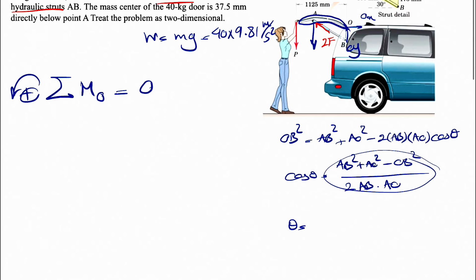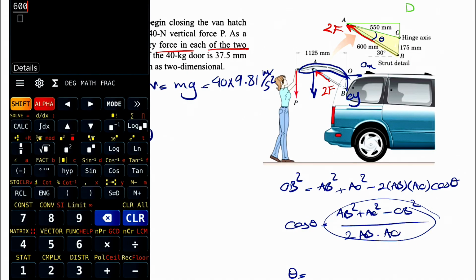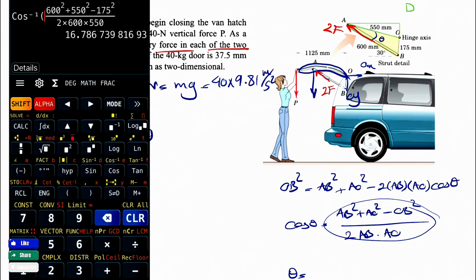So let's calculate that. AB is 600, so 600 squared plus AO, which is 550 squared, minus OB squared, which is 175 squared. In the denominator, we have 2 times AB, which is 600, times AO, 550. And one thing that I forgot, we are trying to find the cosine inverse of this value.